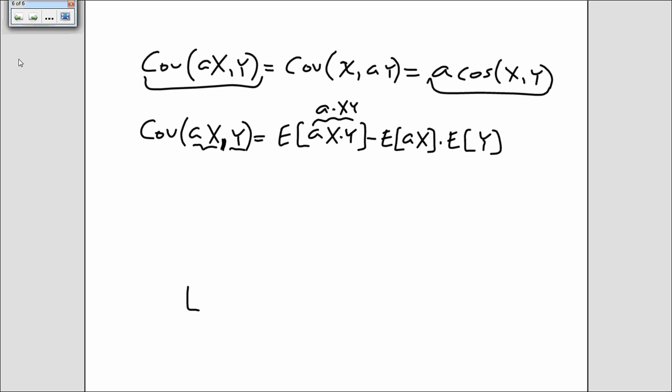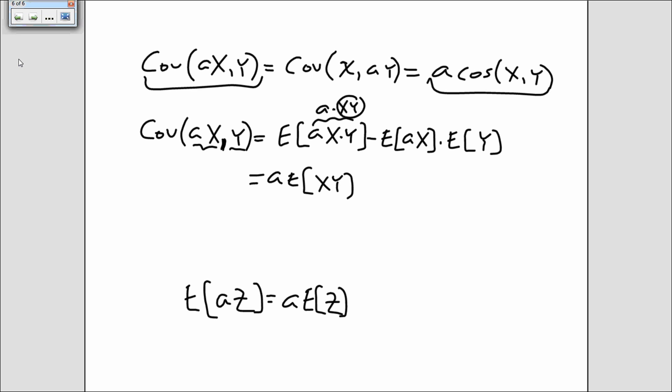I told you, if you have E of a constant times a random variable, this is just A times the expected value of the random variable. X times Y is a random variable. The A comes in front of the expected value sign, times E of Y.